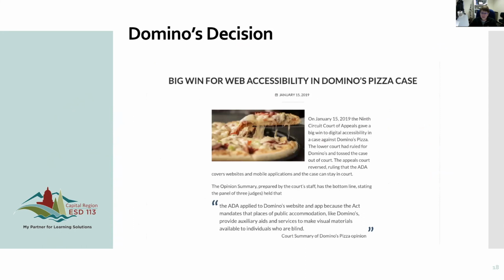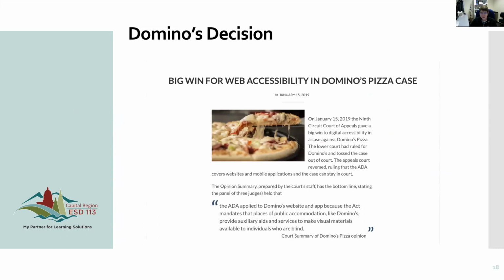Domino's was sued because their website was not accessible. The Ninth Circuit Court of Appeals ruled that that was discrimination under the ADA, that it covers websites and mobile applications, and it can stay in court. They're still working on this case, but they're saying that you can't discriminate by having an inaccessible website.